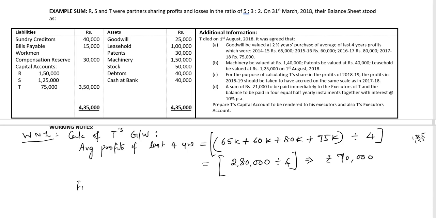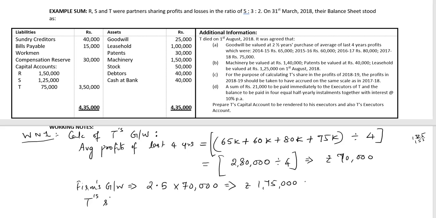Firm's goodwill is 2.5 years purchase of average profit 70,000, which is equal to rupees 1,75,000.